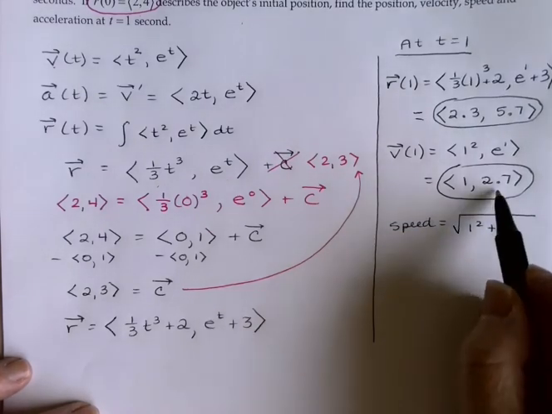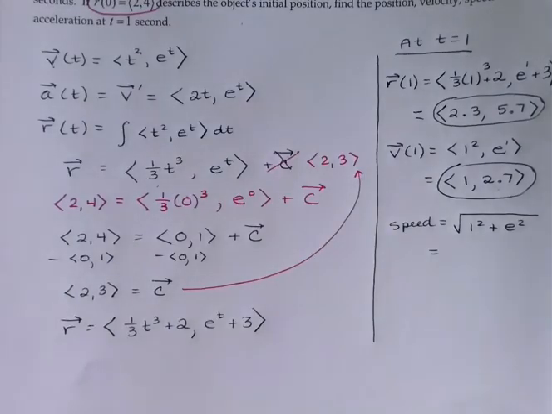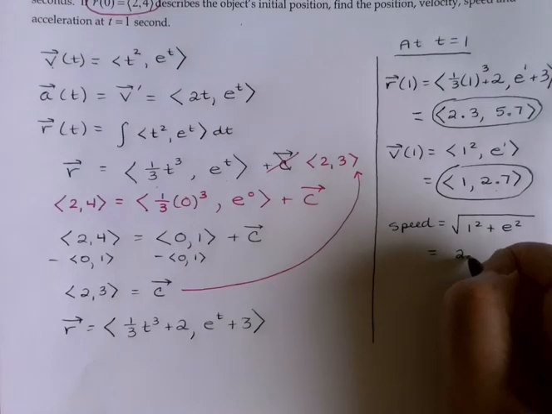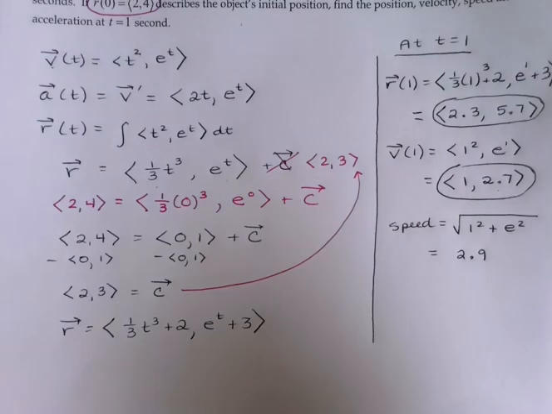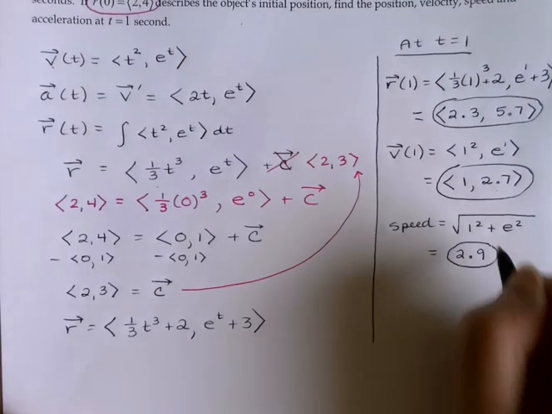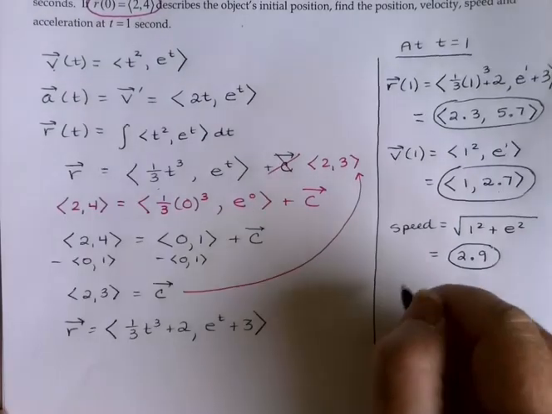Maybe I should be careful with my rounding. Let's call that e squared so I don't get too much rounding error. Is about 2.9. And it looks like I wasn't given a unit for distance, so I won't put units in my answer, but you know, it'd be feet per second, meters per second, whatever.